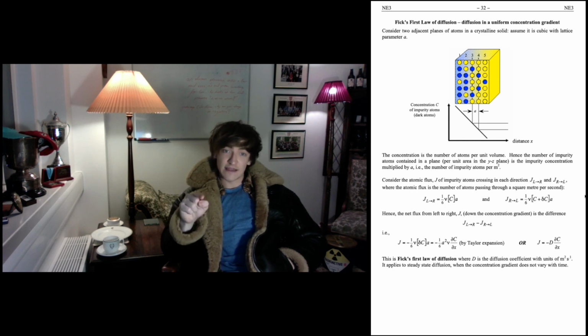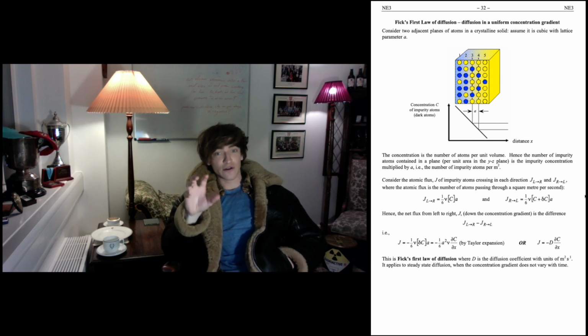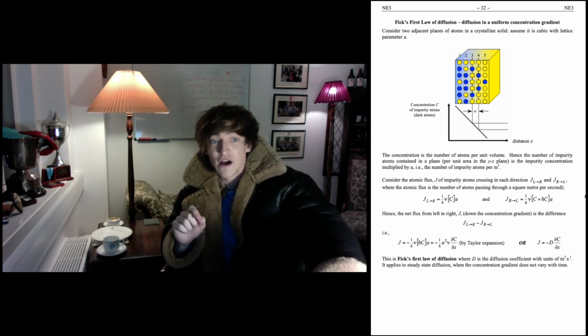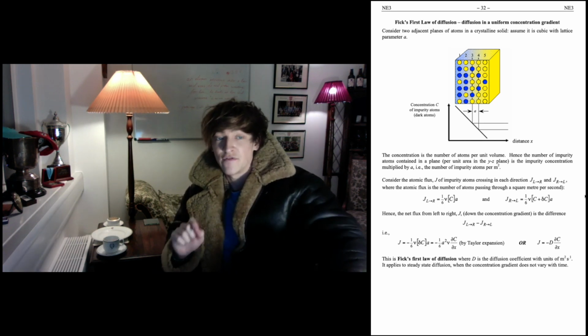And that is Fick's first law of diffusion. This law is obeyed so long as the concentration gradient doesn't itself change as a function of time. So as long as it's independent of time.